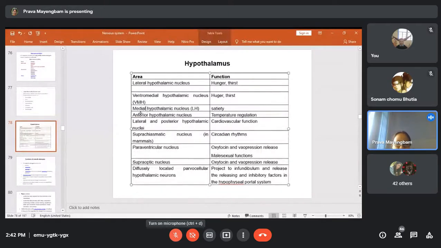Medial hypothalamic nucleus is for satiety, lateral hypothalamic nucleus is for hunger, and ventromedial hypothalamic nucleus is for satiety.